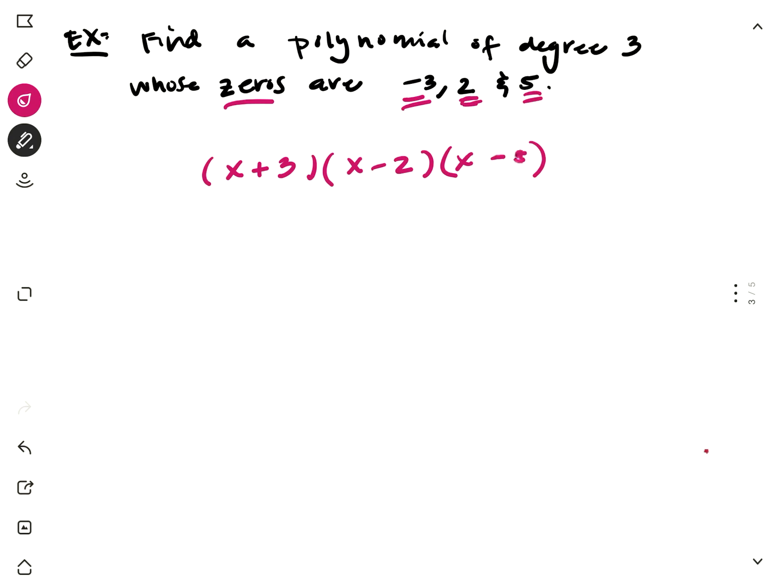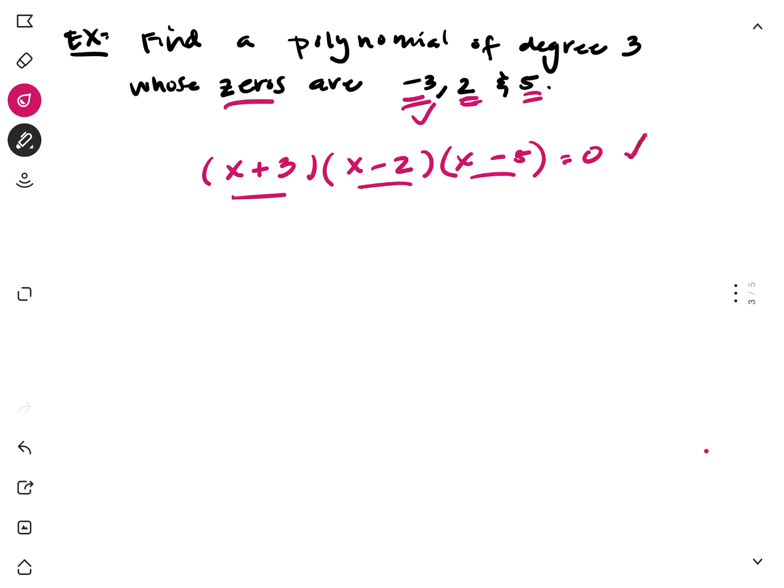So 5 minus 5 equals 0. So that's our third parentheses. All right, so if we make that equal to 0, then negative 3 plus 3 is 0, 2 minus 2 is 0, and then 5 minus 5 is 0. So we have all our 3 parts, and we're done.